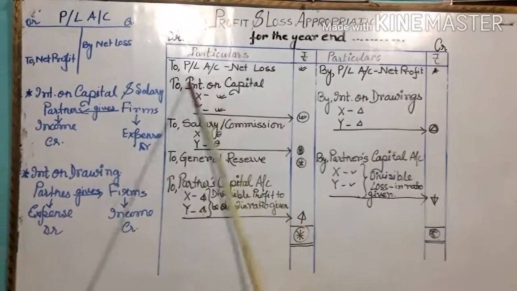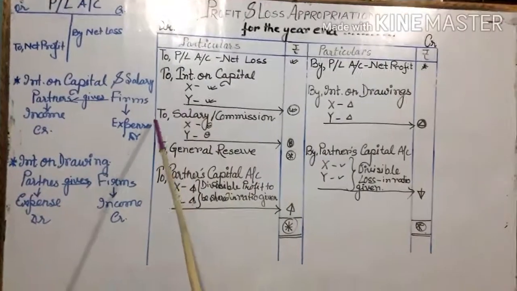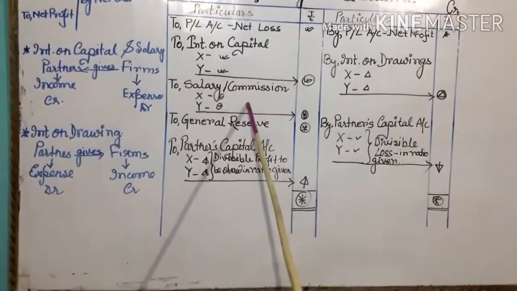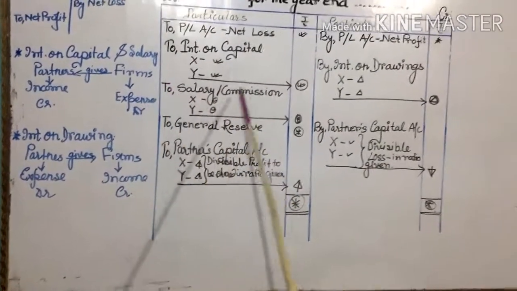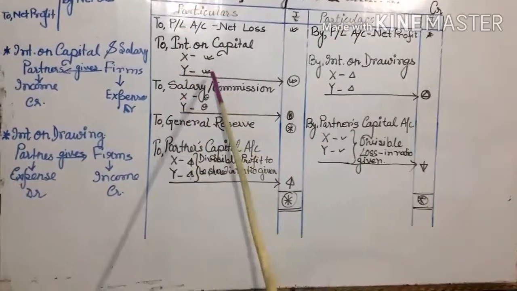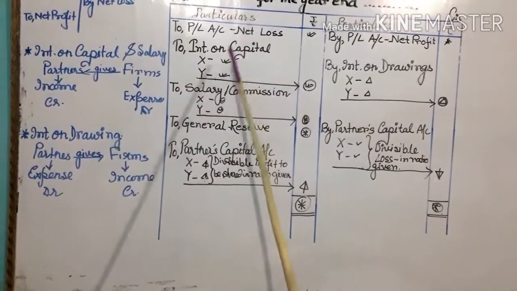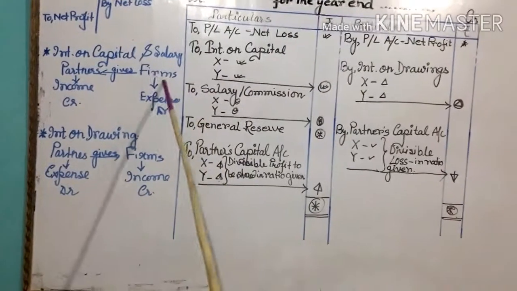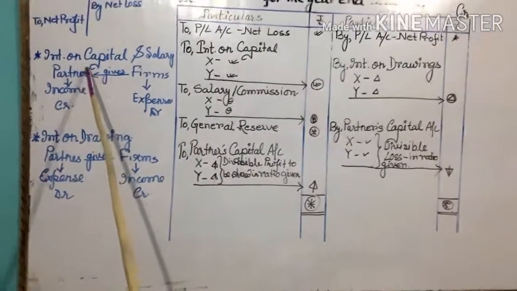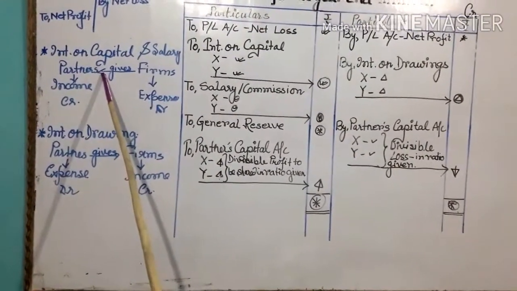So first let us take these two, interest on capital and salary or commission. Now these are the amounts which are paid by the firm to the partners. That is, the firm gives it to the partners from the profit that is earned.